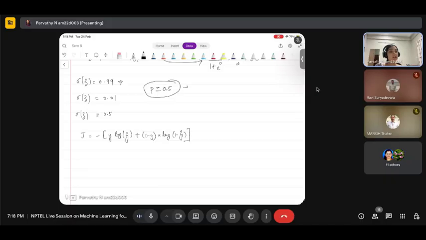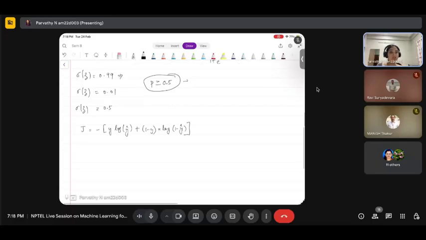I think this is explained in the video as well. In the later session, you might have come across multinomial classification and all those. When we come to that, when we have multiple classes, I will explain what the cross entropy is. Here what we are discussing is binary cross entropy.